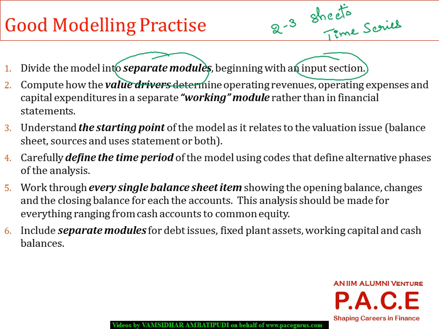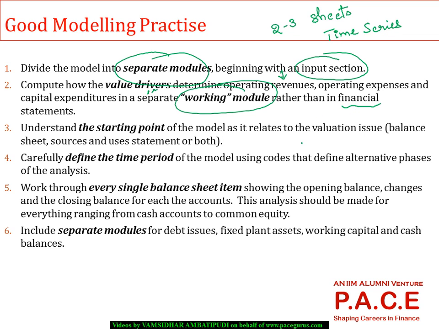Beginning with an input section, create a separate sheet called a working sheet, and provide clear-cut calculations regarding all the value drivers which are resulting in revenues, expenses, etc. Create a working module. Don't put all those numbers directly in the financial statement.